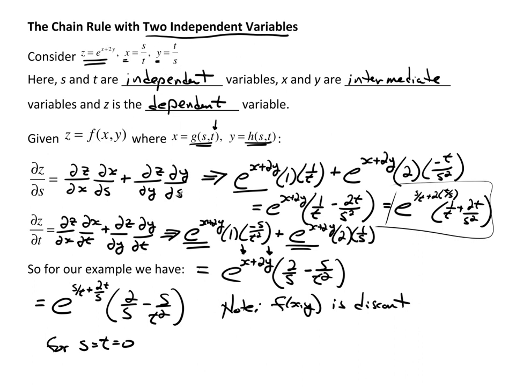And likewise, if I take a look at the partials, these partials end up with s and t in the denominator. So here, well, let's go to this one. If s and t were 0, I'd have 0 over 0, 2 over 0 minus 0 over 0. I mean, the thing's just a mess. So there's no doubt that s equals t equals 0 is definitely an issue.